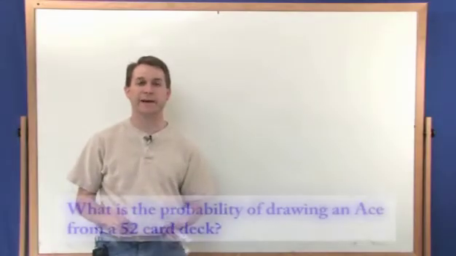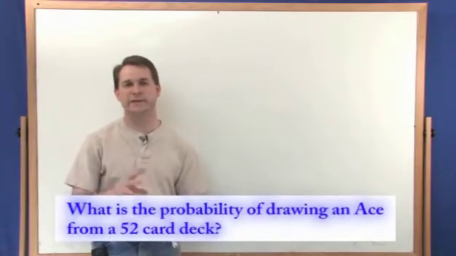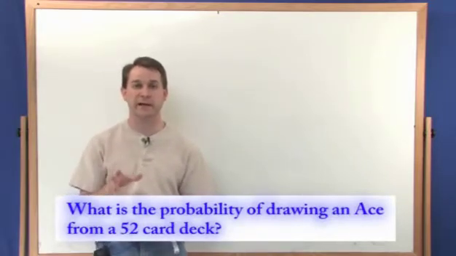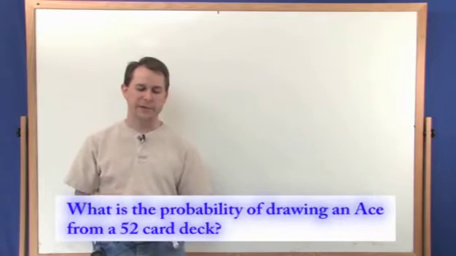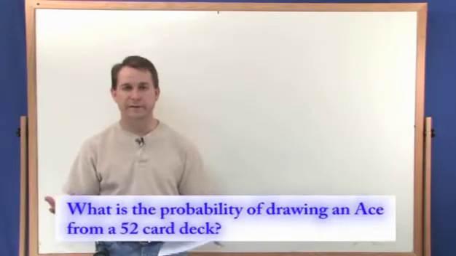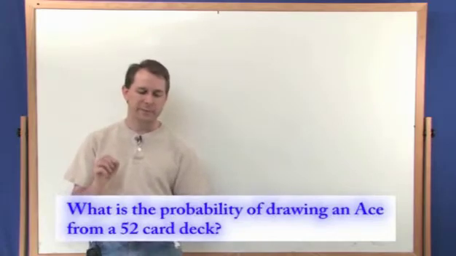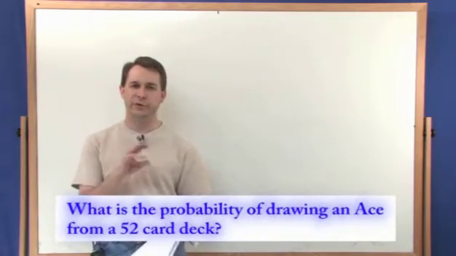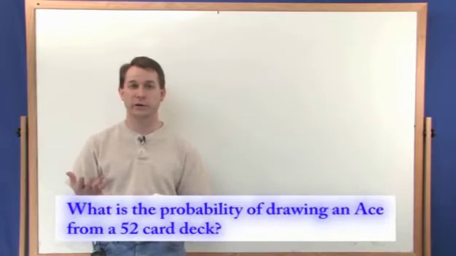Okay, now our first example is kind of a classic one that you'll see in every book, and you probably already talked about it even before you take this class. What is the probability of drawing an ace from a deck of cards? And the deck of cards has 52 cards in it. What is the probability of drawing an ace from a 52 card deck? So what we need to do is use what we know the probability can be defined as, and try to figure it out.